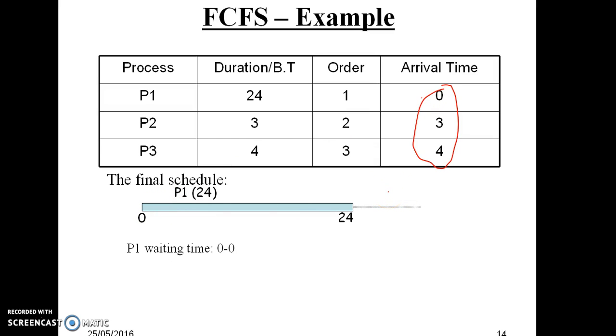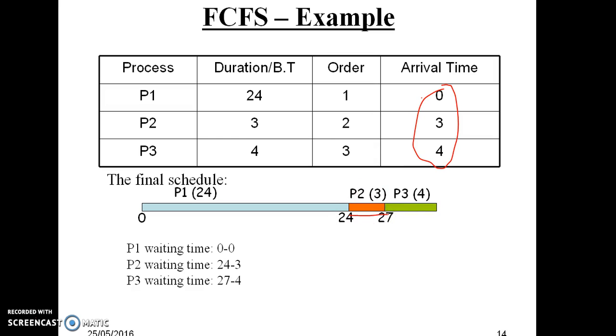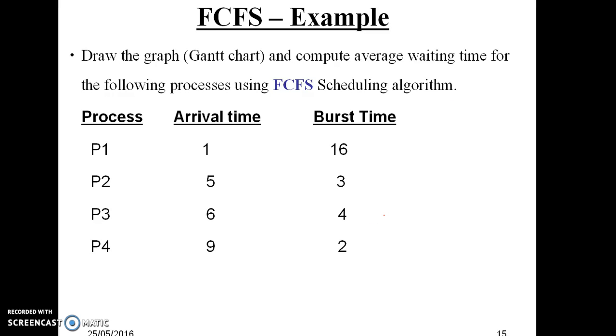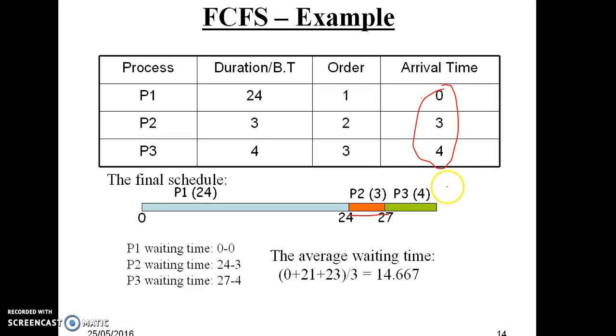Then the arrival time of P2 is 3 milliseconds, so 24 plus 3, 27, and finally P3, 27 plus 4, so 31. So the average waiting time is 0 plus 21 plus 23 divided by 3.